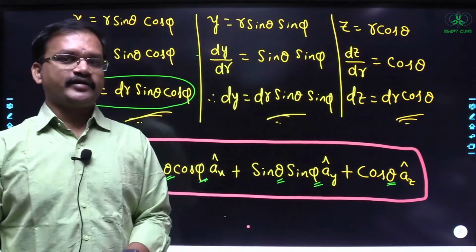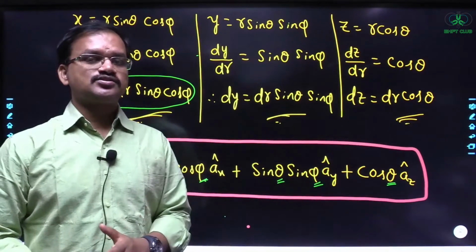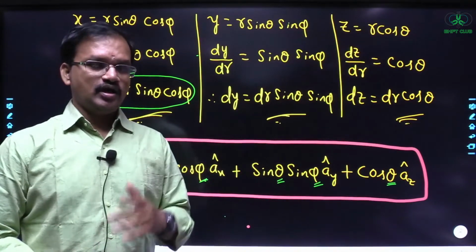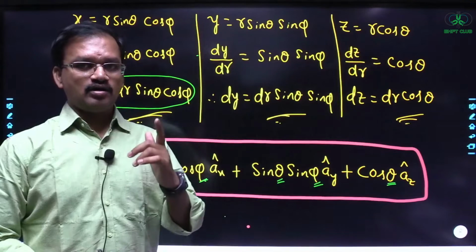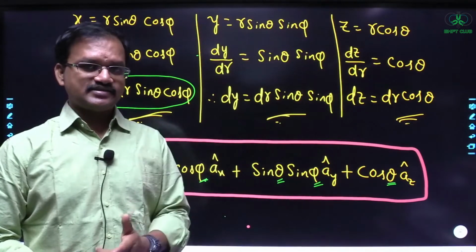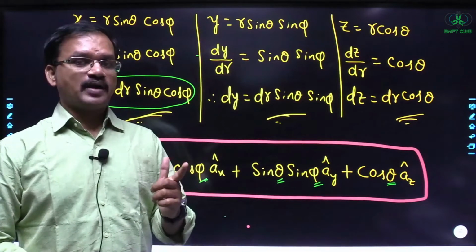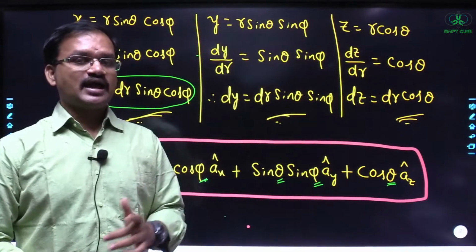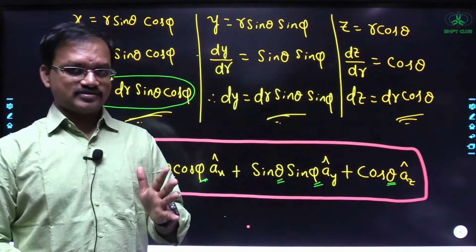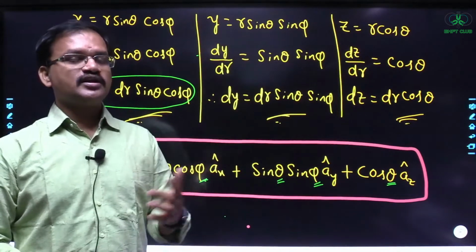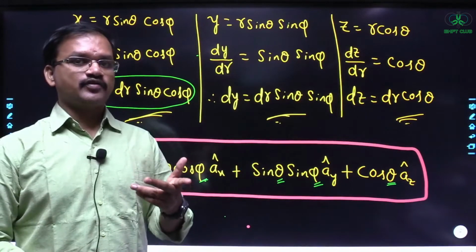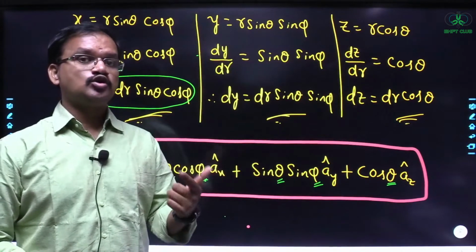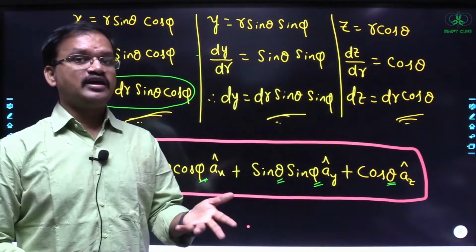See, only in the rectangular coordinate system the directions of unit vectors are fixed. Ax cap will always point parallel to the x axis, ay cap will always be parallel to the y axis, az cap will always be parallel to the z axis. Understood? So in the cylindrical coordinate system, the directions of a rho cap and a phi cap are going to change as phi varies.